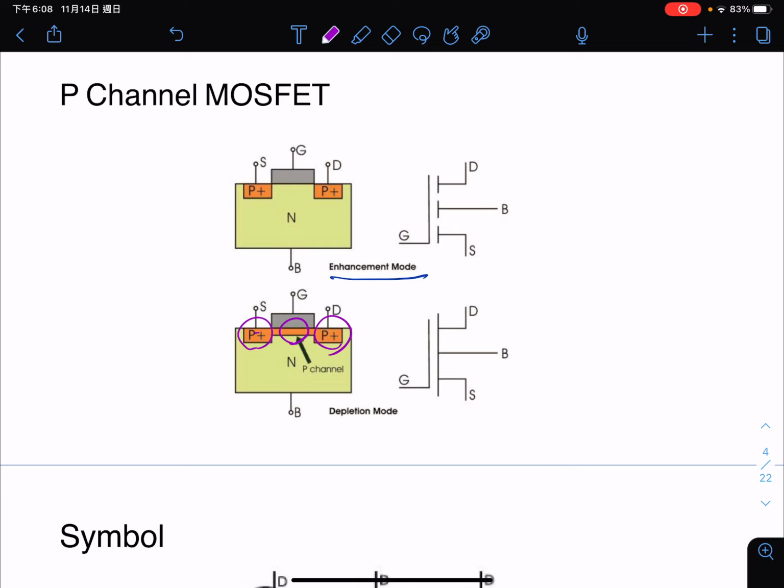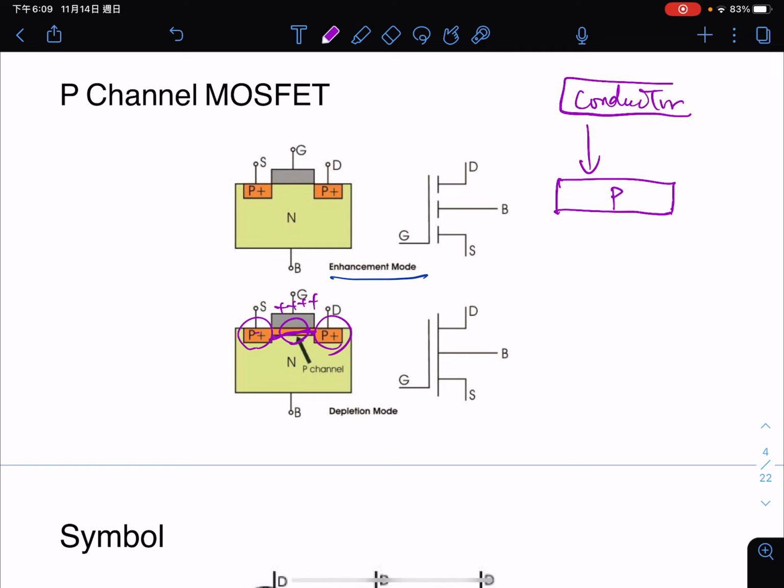When we apply a positive voltage here, we can make the channel thinner. For example, this original P channel becomes a conductor, like a metal, although not as conductive as a metal.